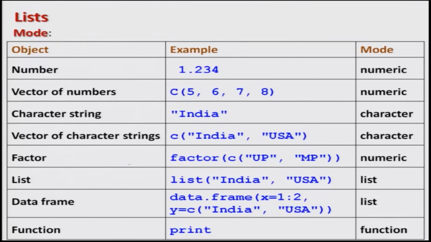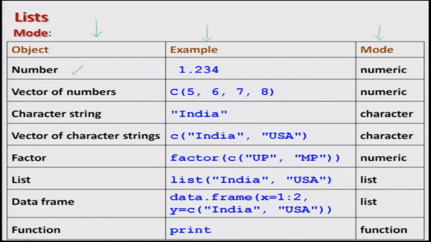So, here in this table I have listed the possible modes, and then I will take an example of what we mean by that particular type of mode and what is the mode that is mentioned in the third column. So, for example, an object can be a number.